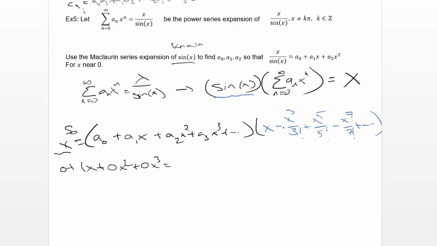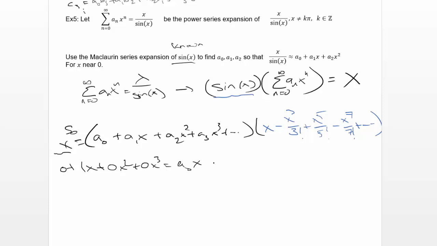If I multiply this out, what do I get? Let's see, what's the smallest power of x that I'll get? I think that's what I get when a naught distributes to this x. Can I get a constant term? I can't, because every one of these has an x in it, so when I distribute I'll get an x, so there's no constant term.